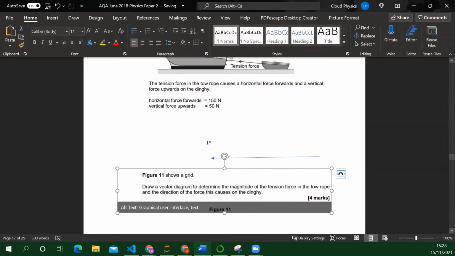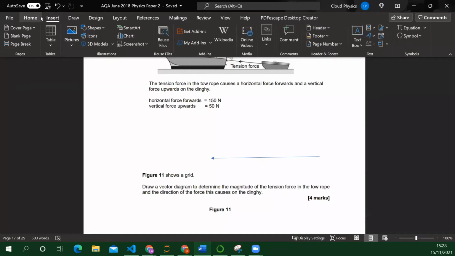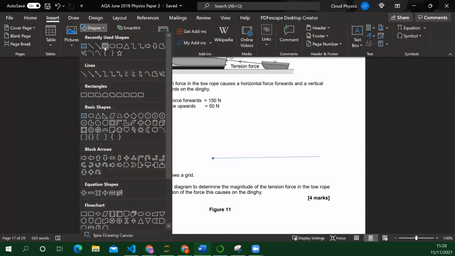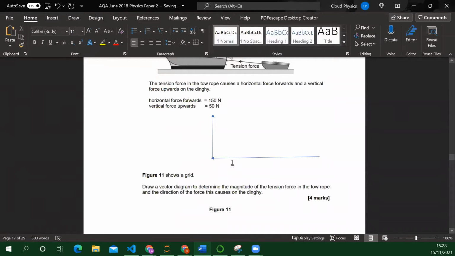And then you have to draw 50 upwards. Okay. So that one's about 3 times longer than that one. Let's do it to scale.